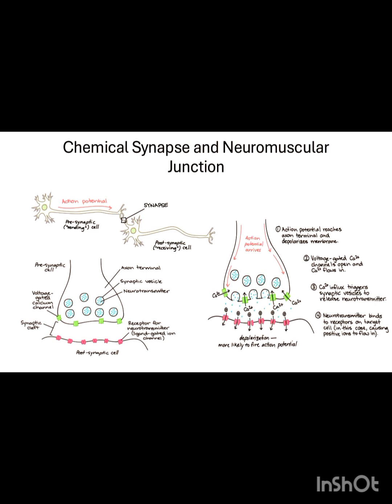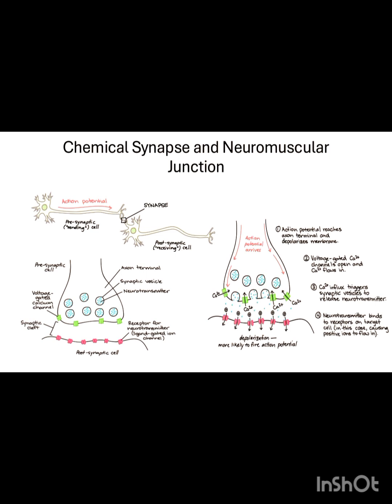Okay, so in the second diagram right here, see that we have a presynaptic cell and a postsynaptic cell. In the presynaptic cell, there are many synaptic vesicles. These are membrane bounded spheres filled with neurotransmitter molecules.